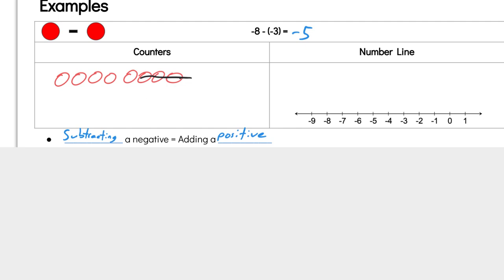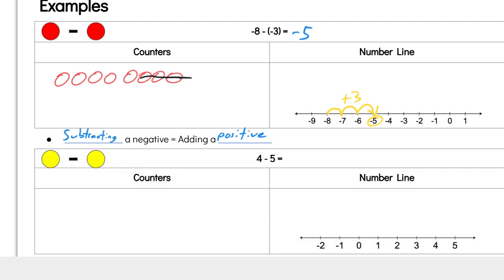It's like you're saying, I like going to Disneyland. So you have to know when you subtract a negative, when you see these side by side, you know that you're actually adding. You're taking -8 and you're adding 3. So it would look like this. You start at -8, you add 3, you end up with -5.